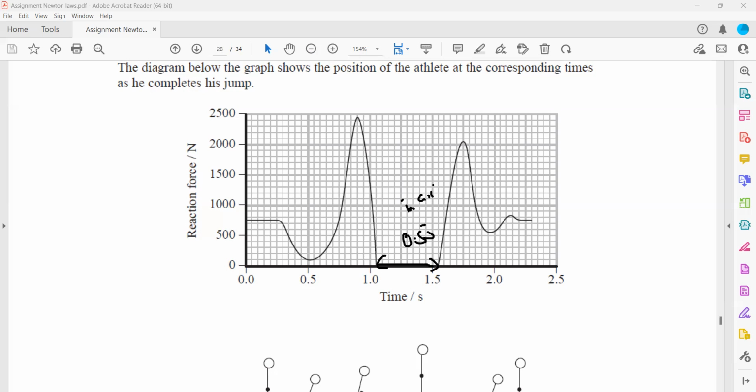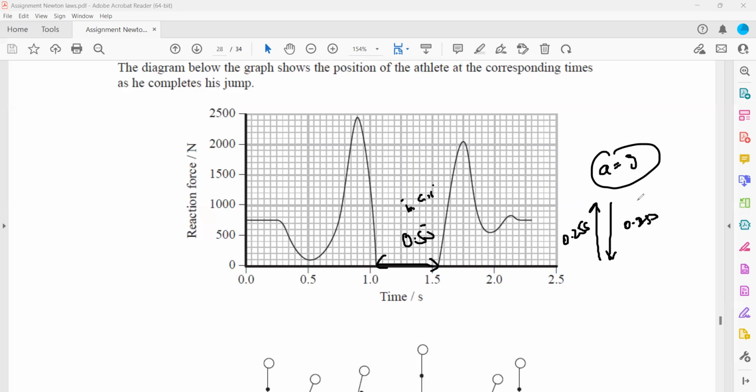If he was in the air for 0.5 second, it means he will take half of the time to reach the maximum height, and half of the time to come down. So it will take 0.25 seconds to go up and 0.25 seconds to return. And his acceleration is due to gravity, because he is not in contact with the surface.